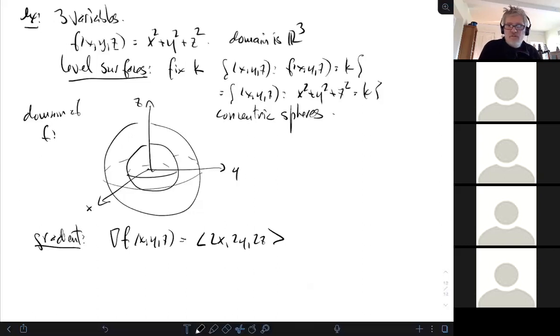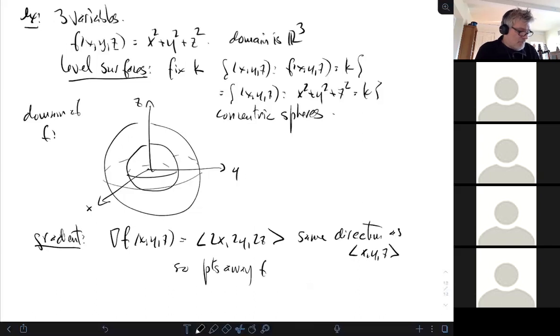And as we did in 2 variables, you see that this is the same direction as the vector x, y, z. So it points away from the origin. If I take a point on this sphere here in the domain, I compute its gradient, the thing is pointing outwards.